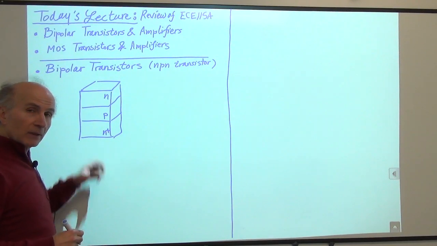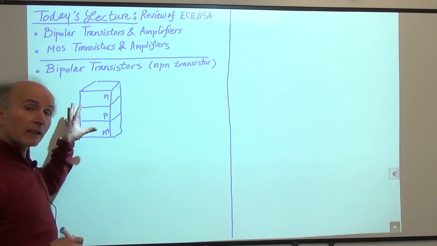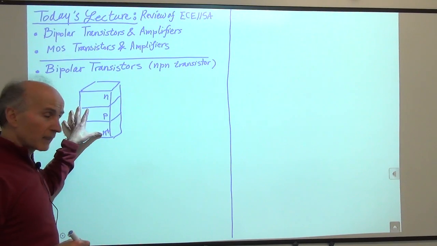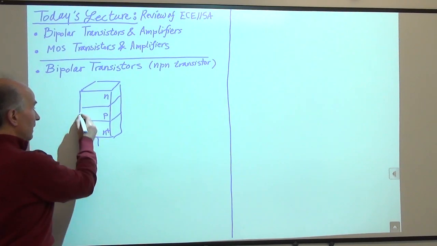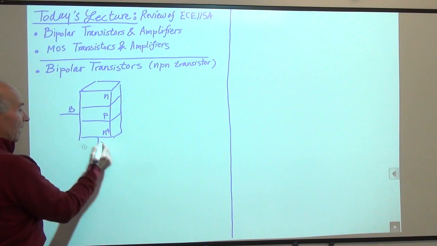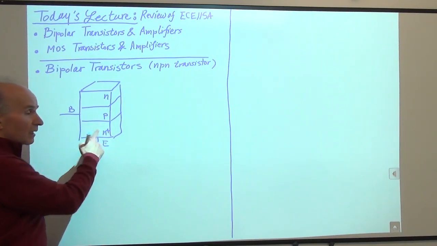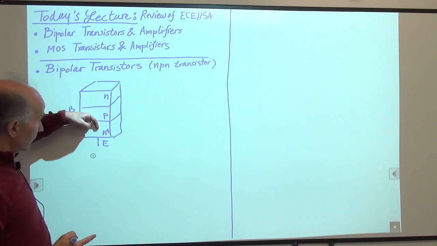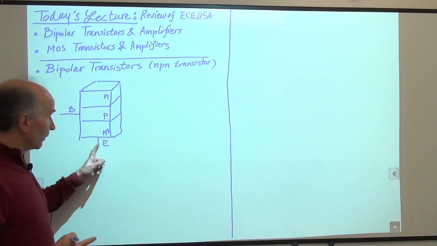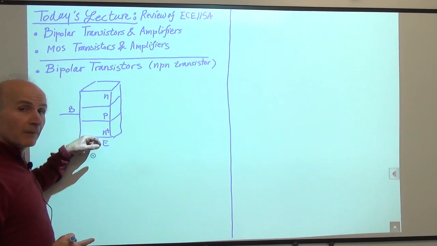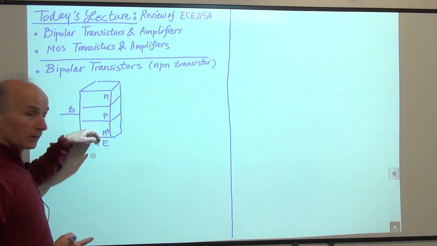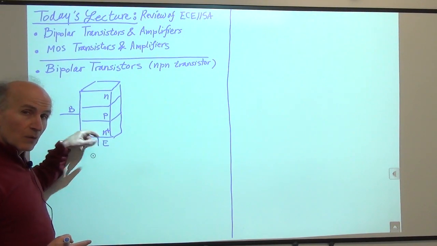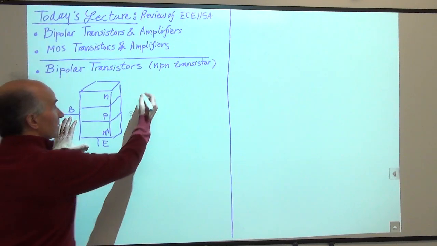And we said that the desired region of operation for this device is when the base emitter junction is forward biased. So current flows this way through the junction, or electrons want to go this way, holes want to go this way. So we want to forward bias the base emitter junction.